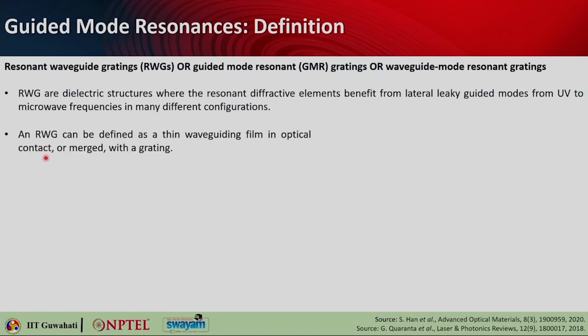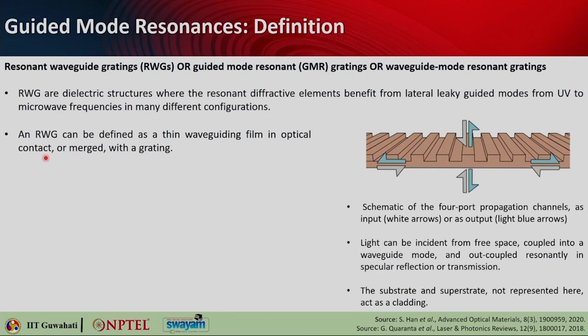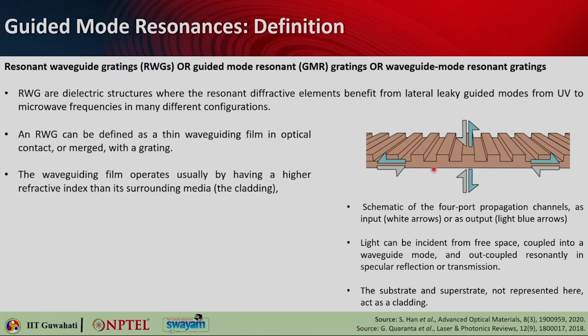Okay. So, a resonant waveguide grating can be defined as a thin waveguiding film in optical contact, or merged, with a grating, as you can see here. This particular figure shows the grating, and then there is this waveguide below it. This figure shows a 4-port configuration.